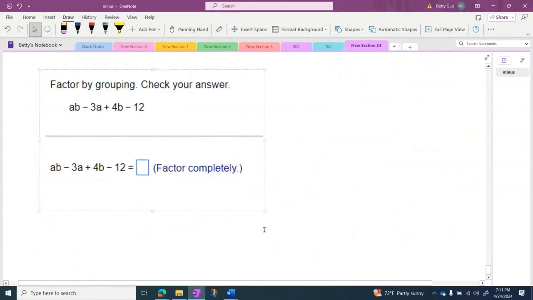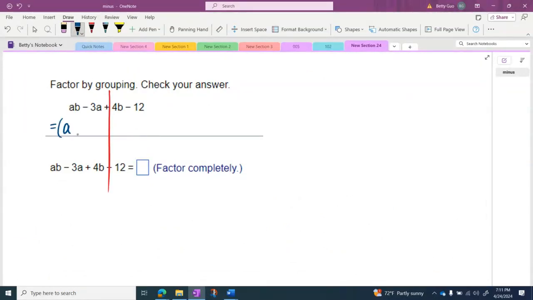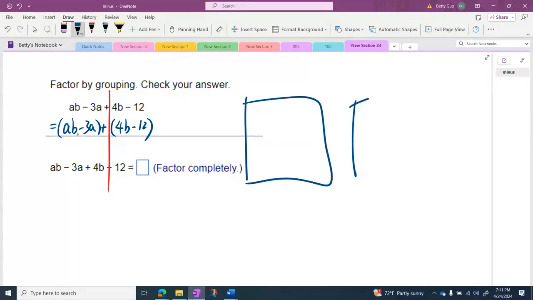Factoring by grouping. Okay, cut in the middle. And then the first two, and the last two, draw two boxes. First two terms, put them here, first group, second group. And what's the GCF of AB and 93A?